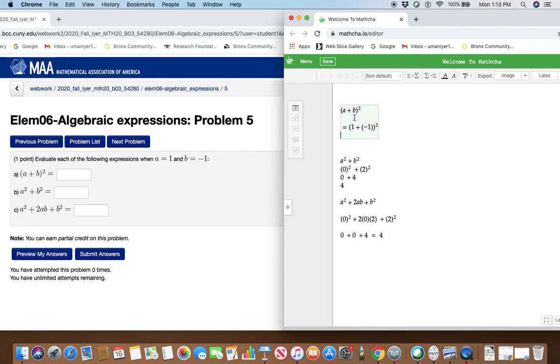A is 1, B is negative 1. So parentheses first. All right, so power 2 later. Parentheses first. 1 plus negative 1. It's nothing but 1 minus 1, which is equal 0 squared, which is 0.